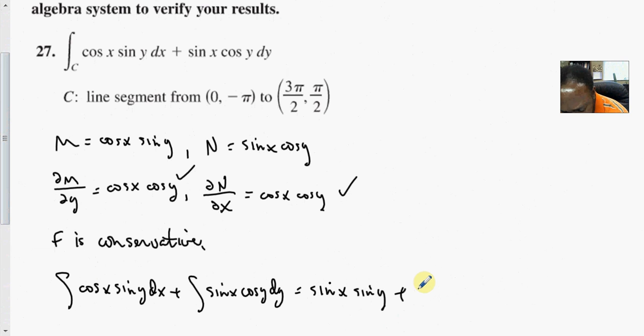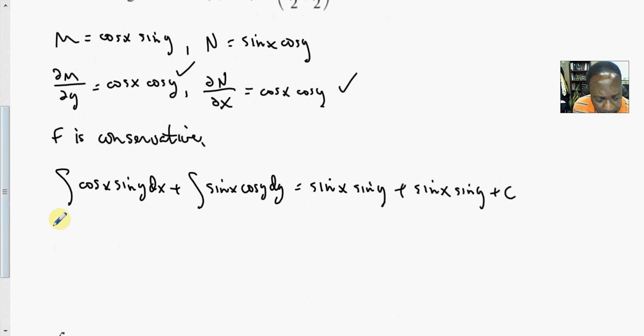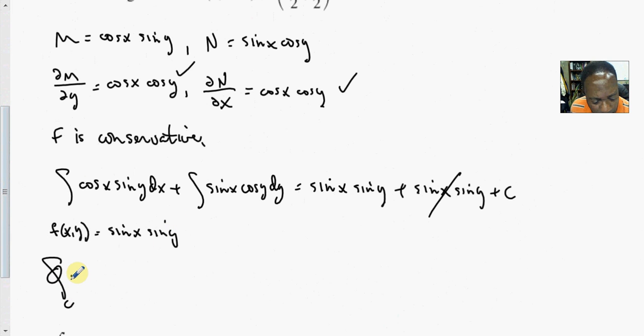That gives us sine x sine y plus c. We just take one of them, so our potential function, little f of x, y, is sine x sine y. So the line integral of what you're looking for, you can bypass that by just evaluating the potential function.